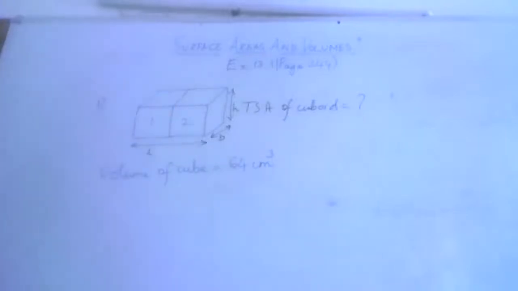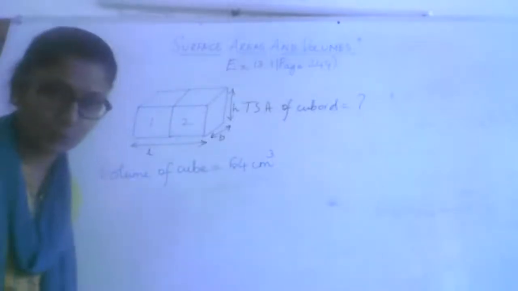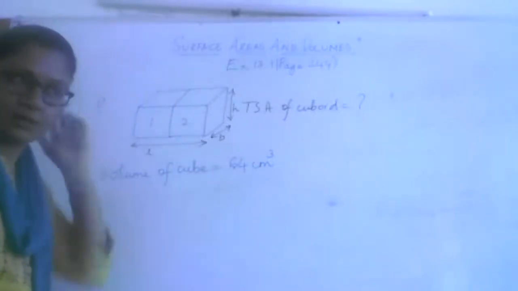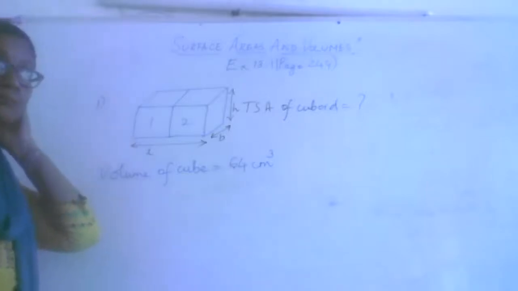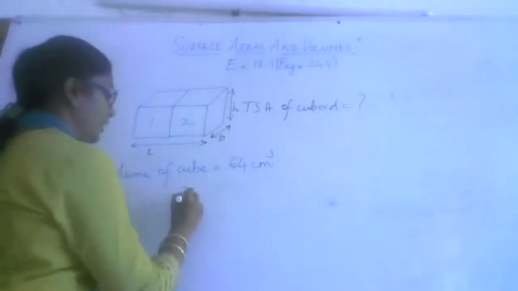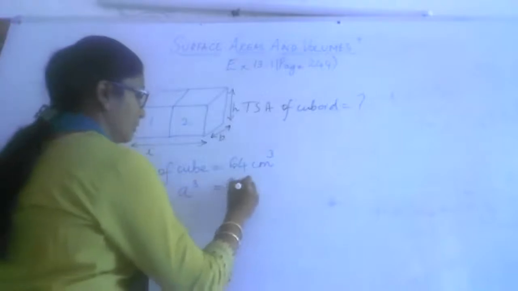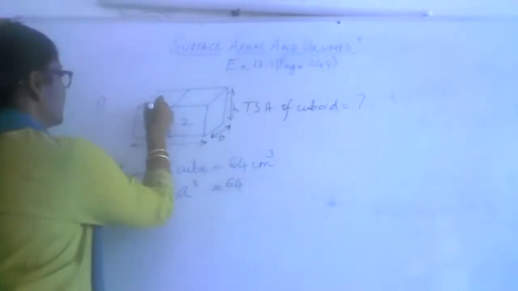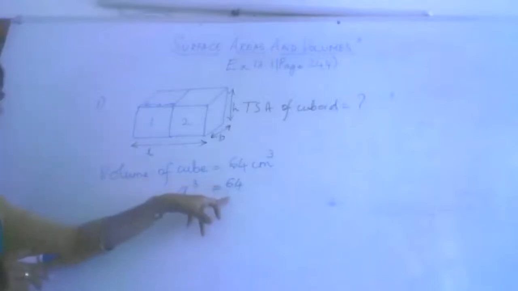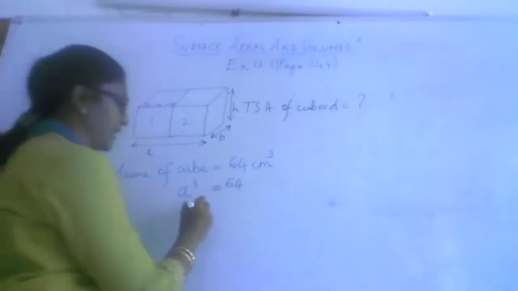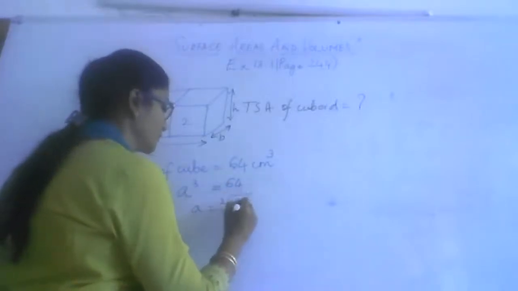From this volume, can I find the edge of the cube? Yes, ma'am. What is the volume of a cube? A cube. So A cube is equal to 64, where A means the edge of the cube. So can I find out A? Using this, A cube is 64 means A will be the cube root of 64.